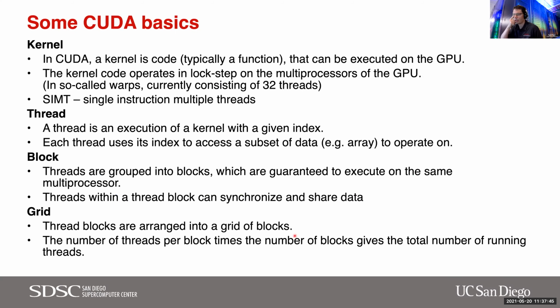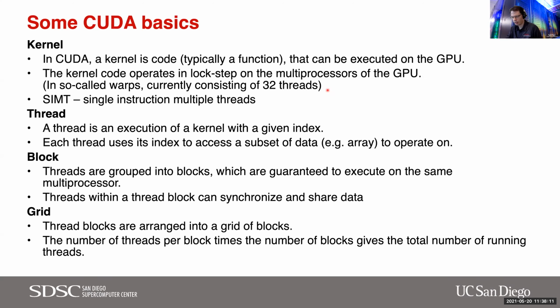Now, if we think about CUDA, you see a lot of nomenclature, and so I mentioned kernel before. What is a kernel? A kernel is a piece of code, typically a function, that can be executed on the GPU. So it's a function that you write that then is supposed to be executed on the GPU. And this kernel code operates in lockstep on the multiprocessors of the GPU in parallel, right?